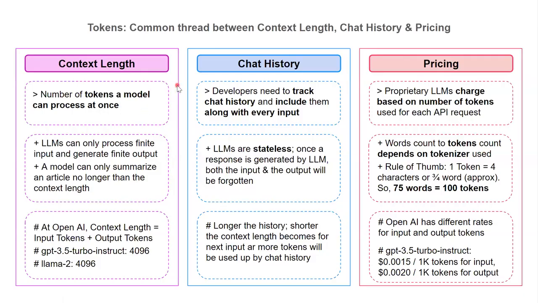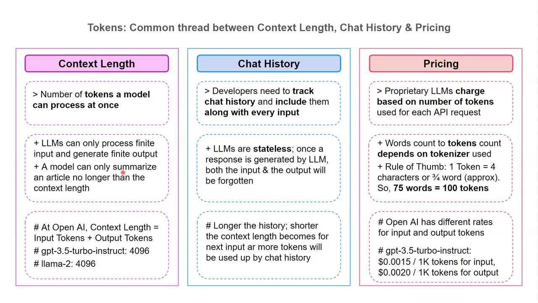Now, tokens are important. That's why we are talking about them, because they are the common thread between context length, chat history, and pricing. Every LLM has a finite length that it can process. That's basically the number of tokens a model can process at once. Let's say you want to summarize something.